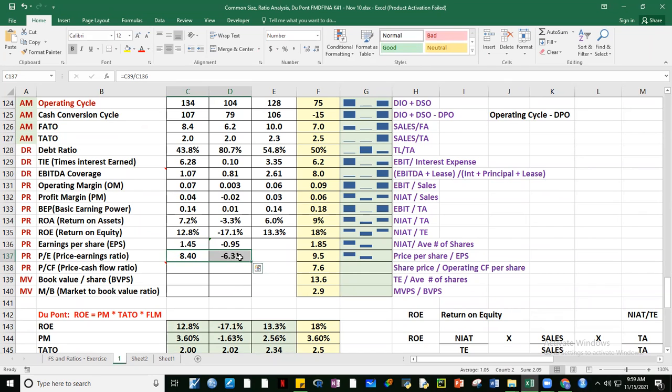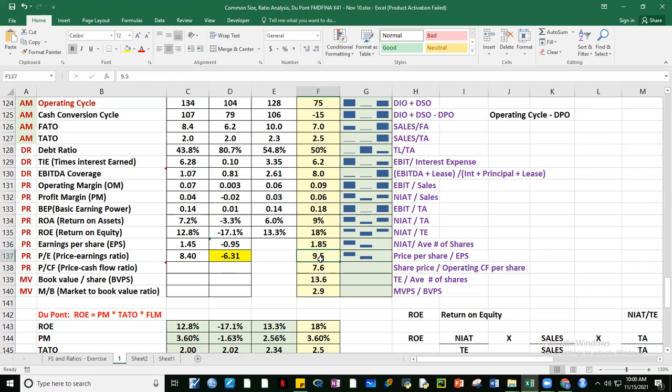If we divide this, guys, for 2020 it makes no sense, no? Because the price of a stock cannot be negative. Okay, this means how much the stock sells for now for every 1 peso of earnings generated per share. So for the company it is 8.4; for this one we can't give any meaning because there's no such thing as a negative price. Okay, this happens when you have a negative EPS. So we cannot interpret this.